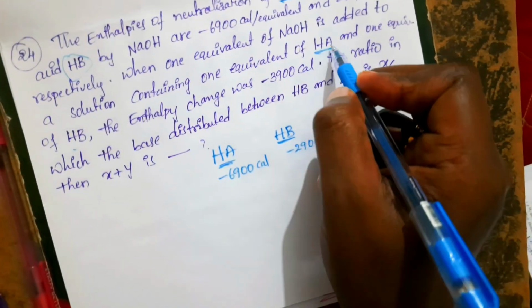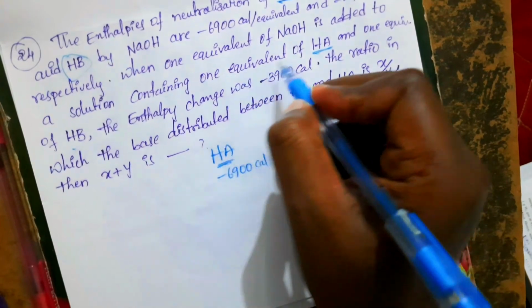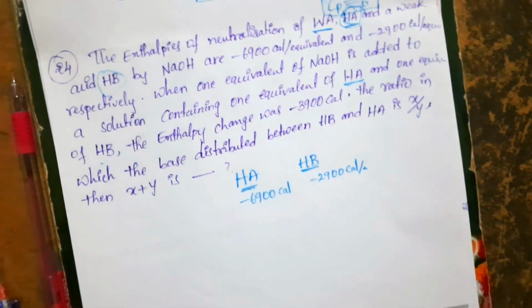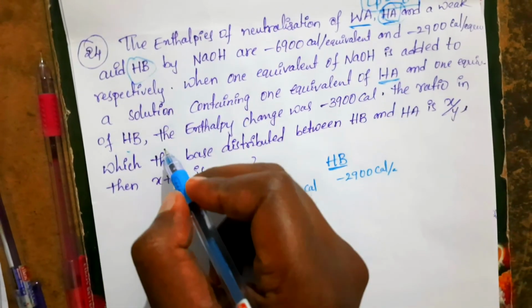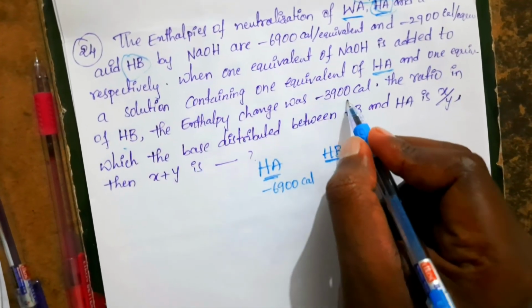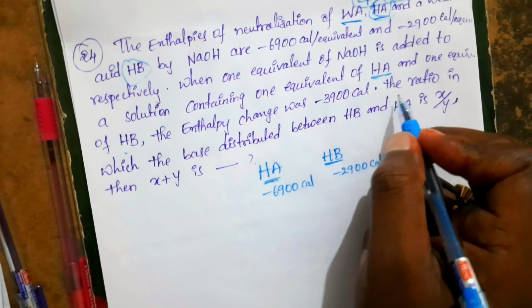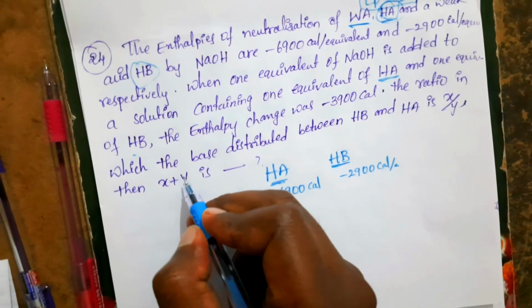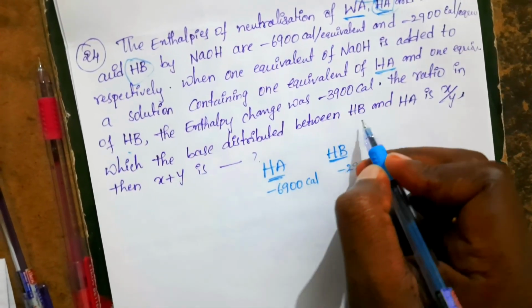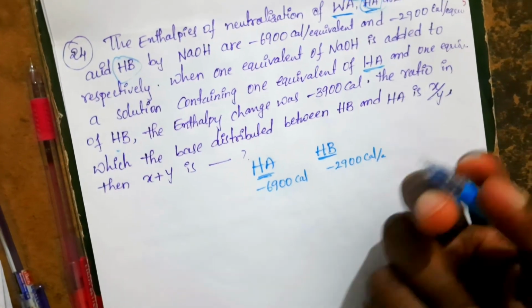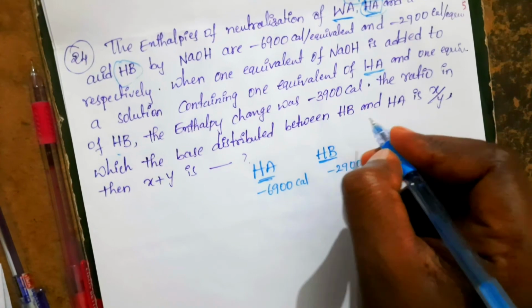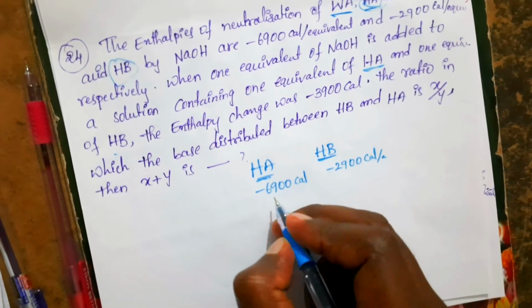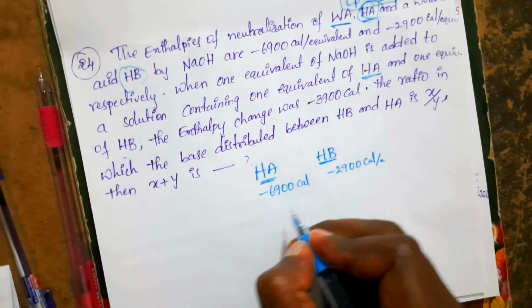They are asking the ratio in which the base is distributed between Hb and Ha. We don't know how much is distributed between Ha and Hb. Take Ha as x and Hb as 1 minus x.